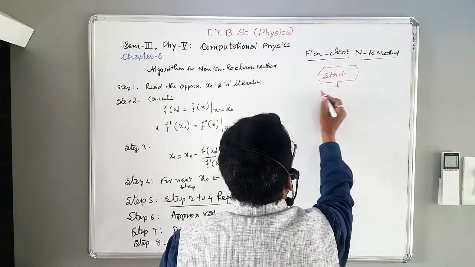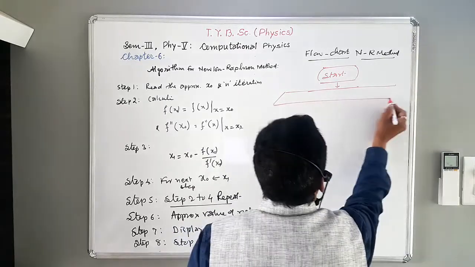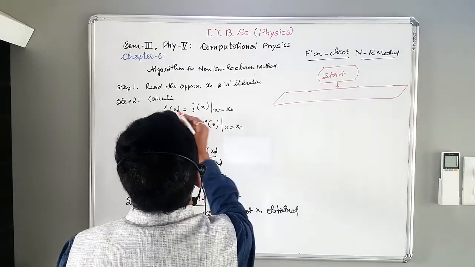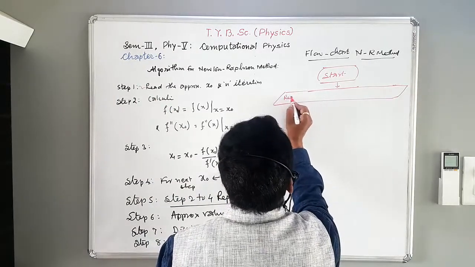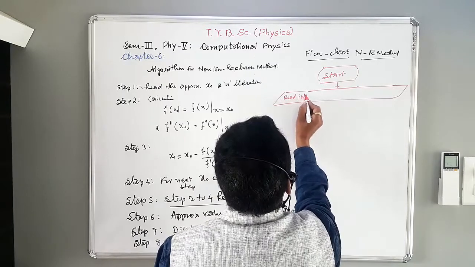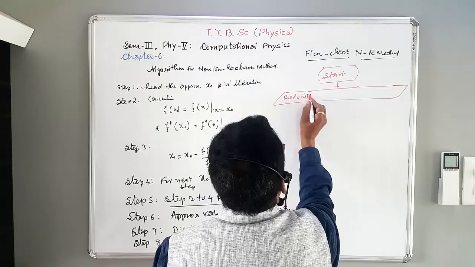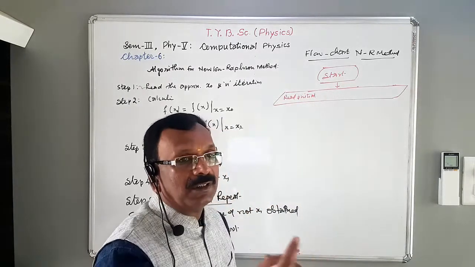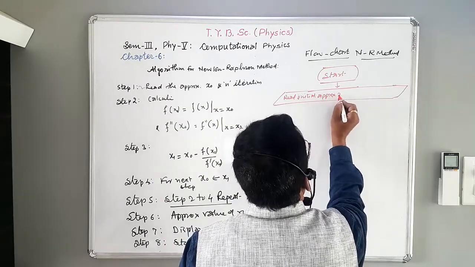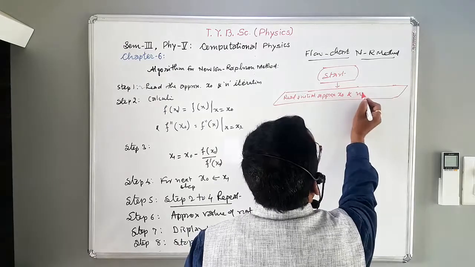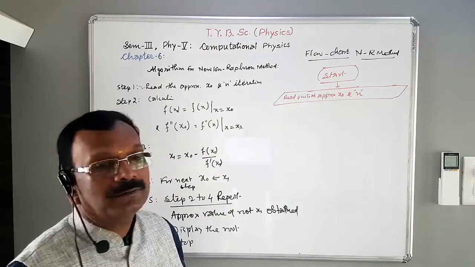Here the first step is graphically shown: read the initial approximation x0 and the number of iterations.